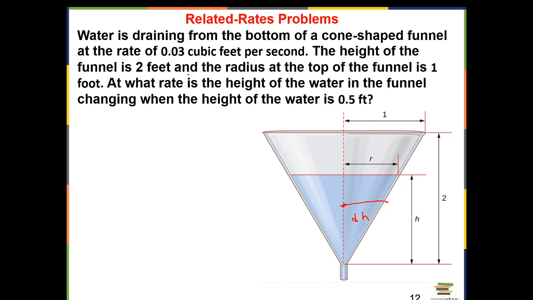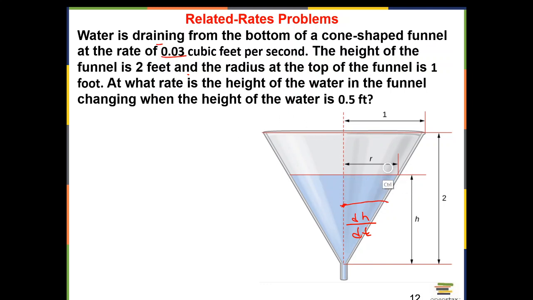What's dh/dt when the water is draining at this rate right here? Now right away this rate has to be negative. Why? Because it says water is draining, so the volume is decreasing at the rate of 0.03.